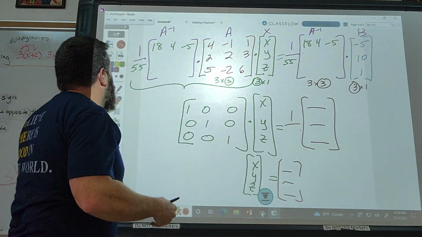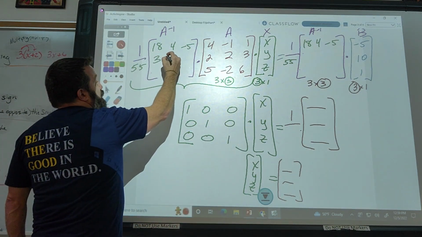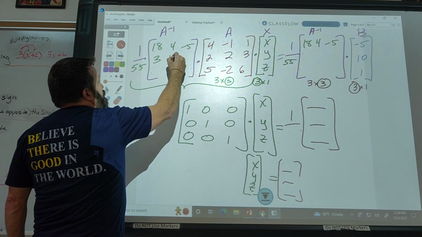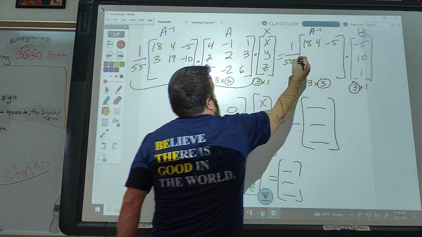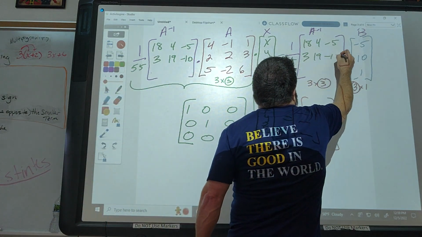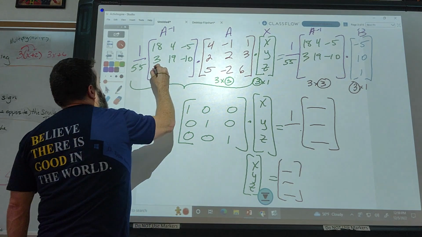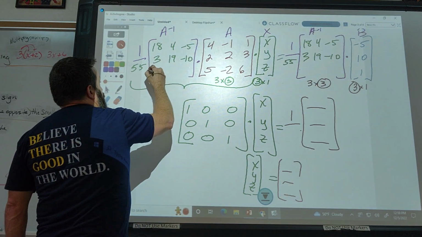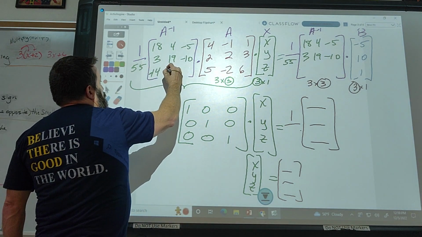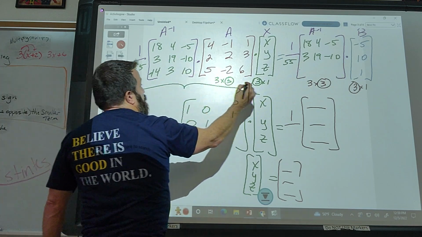What's my next row? 3, 19, and negative 10. And the last one was negative 14, 3, 10.